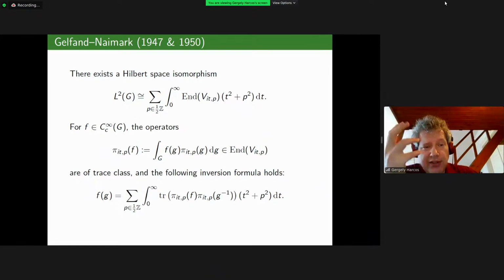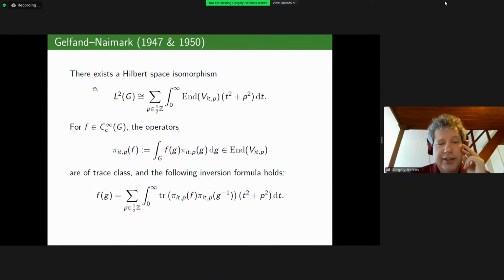So this theorem can be generalized to this infinite Lie group G equals SL2C. Namely, they showed that there exists a Hilbert space isomorphism: L2(G) is isomorphic to essentially an integral over the tempered unitary dual of G.